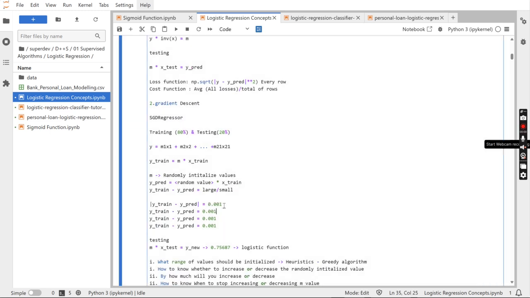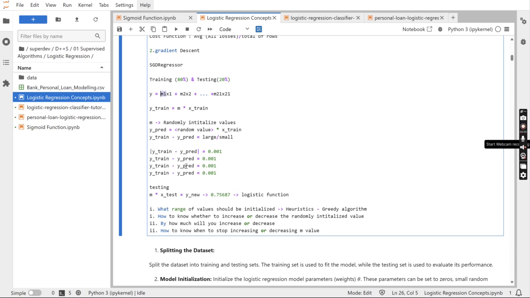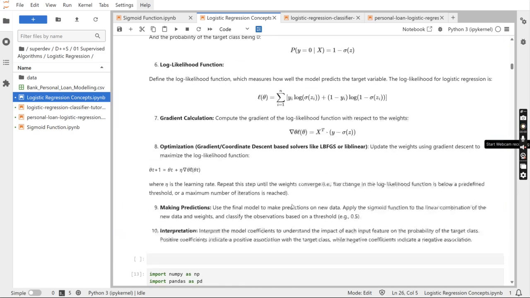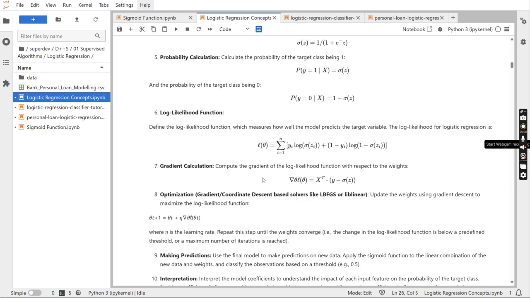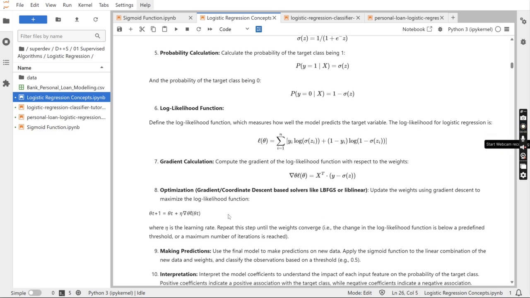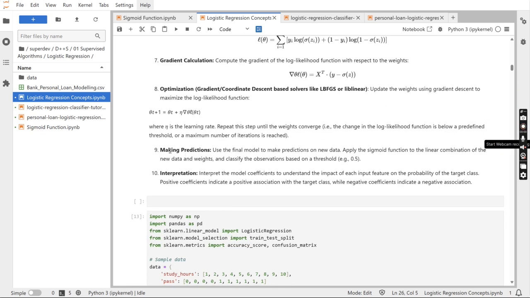What you are doing is slightly decreasing by multiplying by the learning parameter. You take a learning parameter and slightly reduce the values of m, in order to adjust the values which were already initialized by a greedy algorithm. That way you calculate the gradient. Don't worry about this complex equation. Finally, you will have predictions which are closer to the original values.